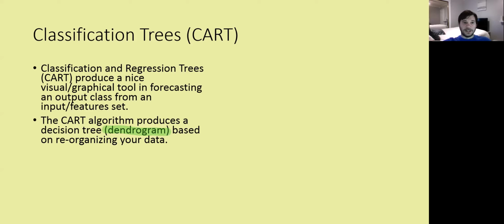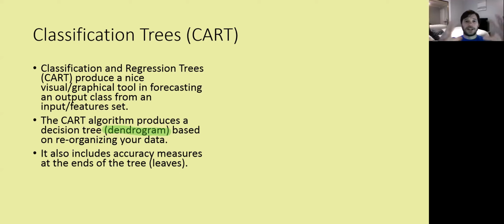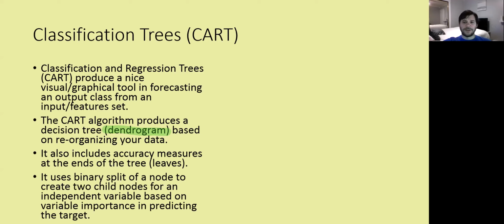It essentially takes your variables and creates a binary tree diagram by splitting these variables up into child nodes. It does this by recursively subsetting the original data set and looking at the importance of different variables in predicting the output. So this model is using a binary split of a node to create two child nodes for an independent variable based on that variable's importance in predicting an output.